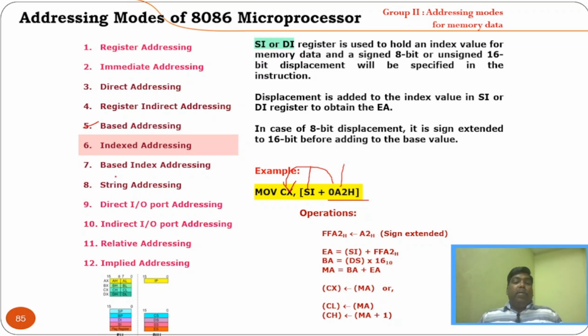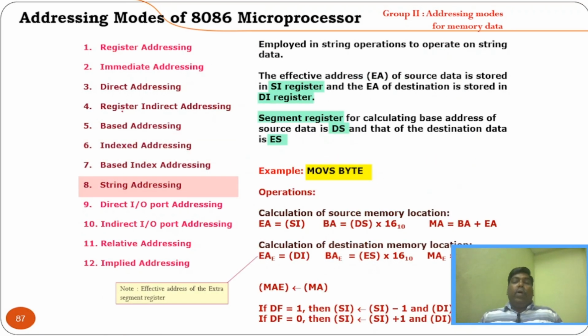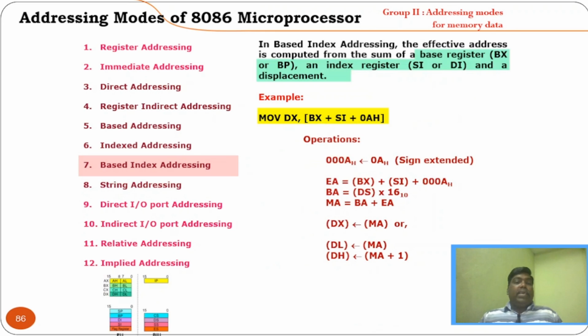And what is base index addressing? So far we have seen what base addressing is and what index addressing is, right? Now we'll see base index addressing. You know what base addressing is? You will use a base register and the displacement value, correct? What is index addressing? We will use an index register and a displacement value, right? And what is base index addressing?